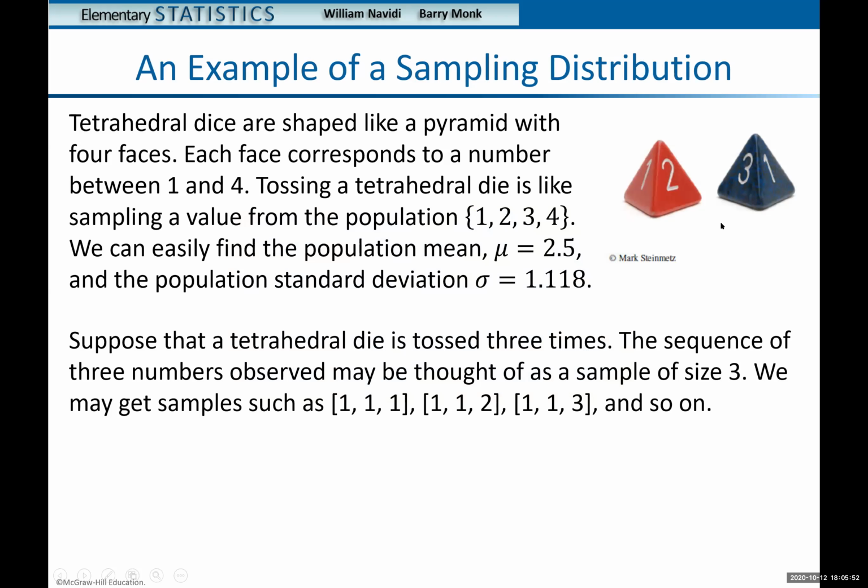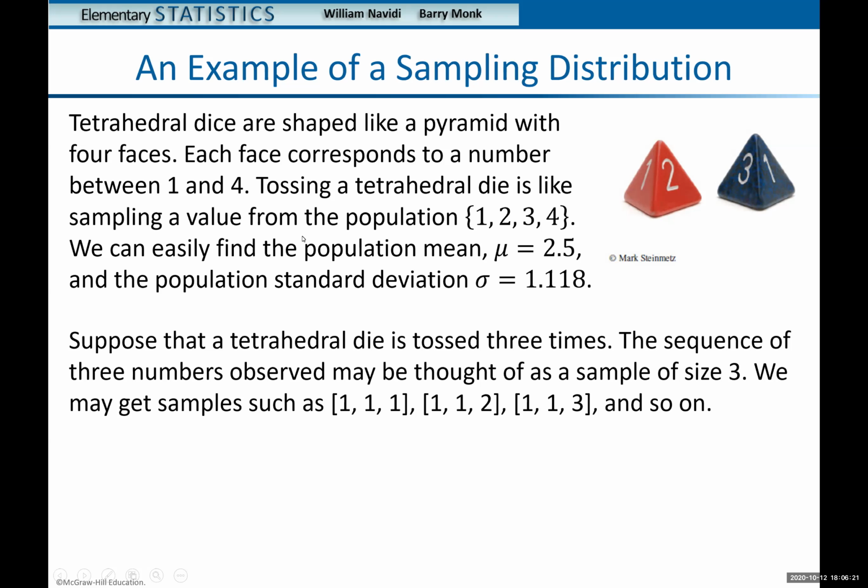Here is an example of a sampling distribution. Tetrahedral dice are shaped like a pyramid, like these two here, with 4 faces. Each face corresponds to a number between 1 and 4. Tossing a tetrahedral die is like sampling a value from the population of all the possibilities 1, 2, 3, and 4.